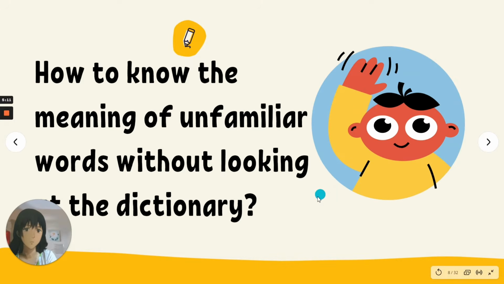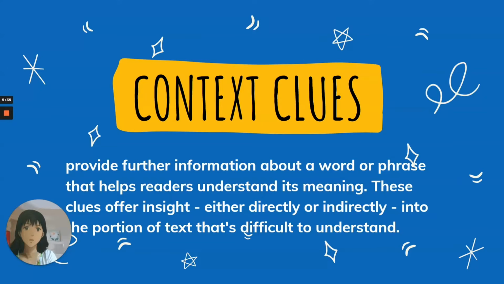How do we know the meaning of unfamiliar words without looking at the dictionary? You're going to use context clues. And what are context clues? They provide further information about a word or phrase that helps readers understand its meaning.